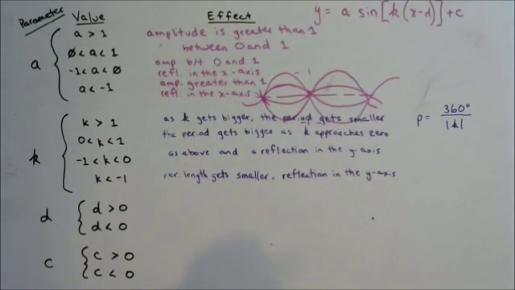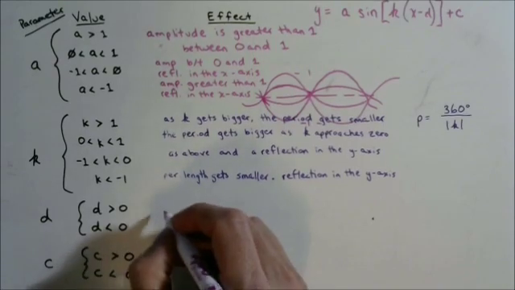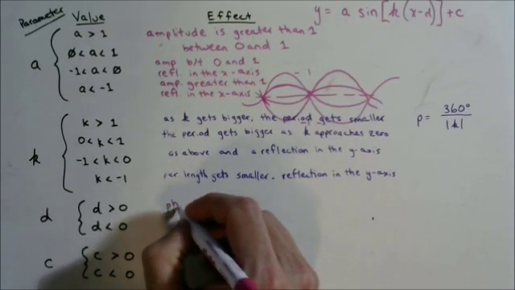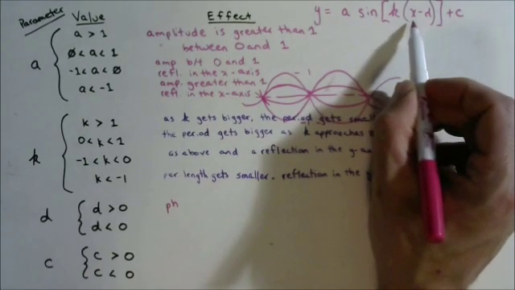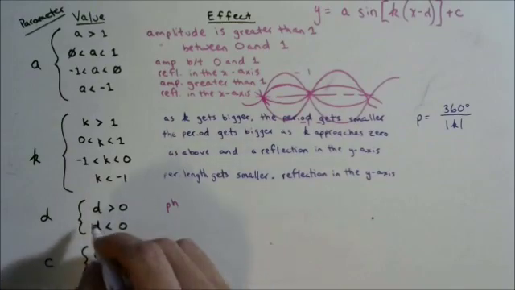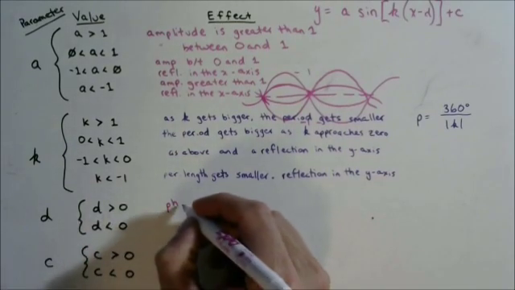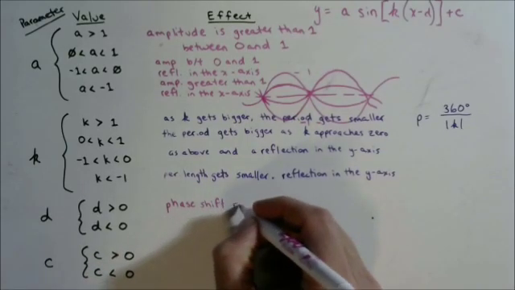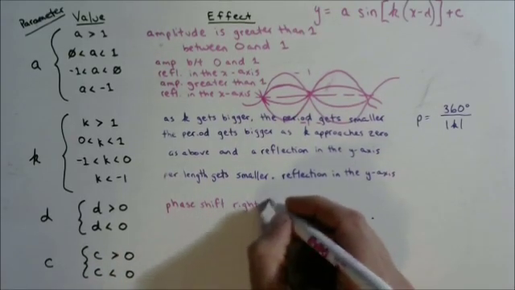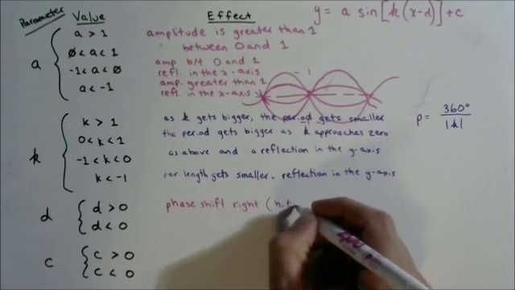So here we go. And in sinusoidal functions, we're going to stop using the word translation, although you'll hear it slip out every now and then by accident. It's called a phase shift. So I'm going to call this guy D, which is inside the brackets here, affecting X, affecting the horizontal situation. When D is greater than 0, it's going to be a phase shift right. Okay? So we're used to calling that a horizontal translation.